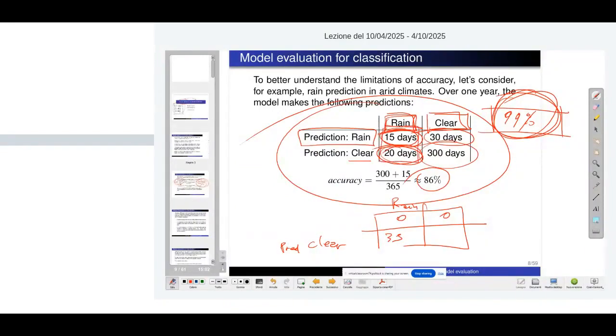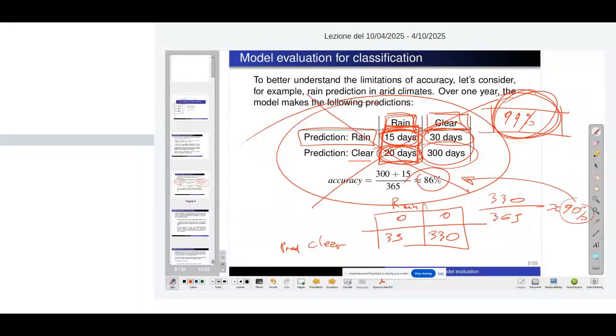The number of rainy days is the sum of these two values, 15 plus 20. Those were the rainy days in my dataset. The number of clear days is 330, so I predict clear correctly 330 times. I measure my accuracy: that's 330 out of 365, 90%. So if I don't use my classifier, I get the correct answer more often.